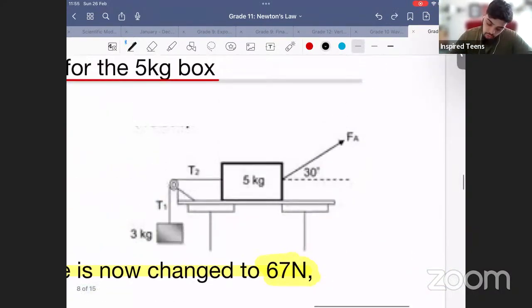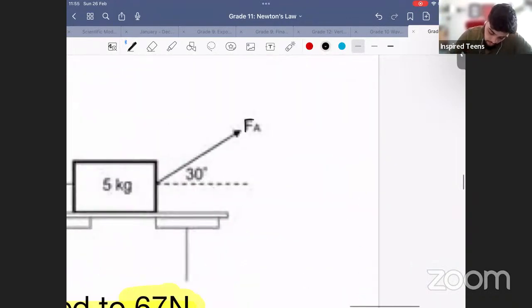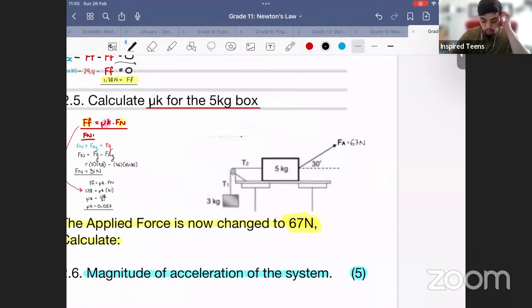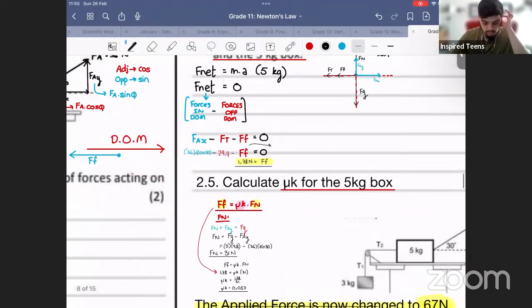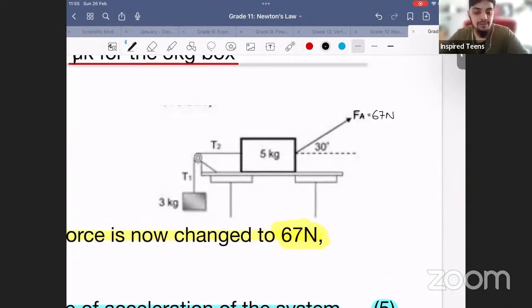Now it's no longer 36. Now the applied force is 67. So the force at which this box is being pulled is a lot more, almost double, than what it was being pulled. What you need to note is that this object is not going to move at a constant velocity anymore.